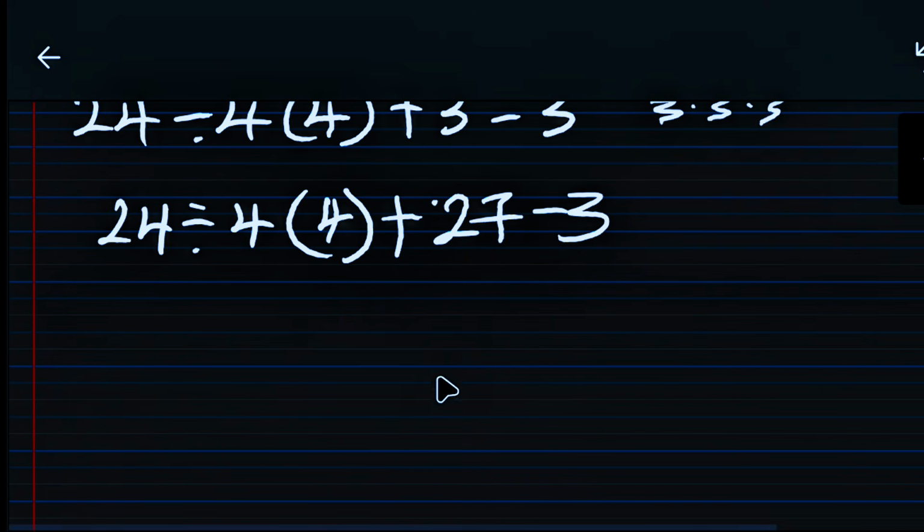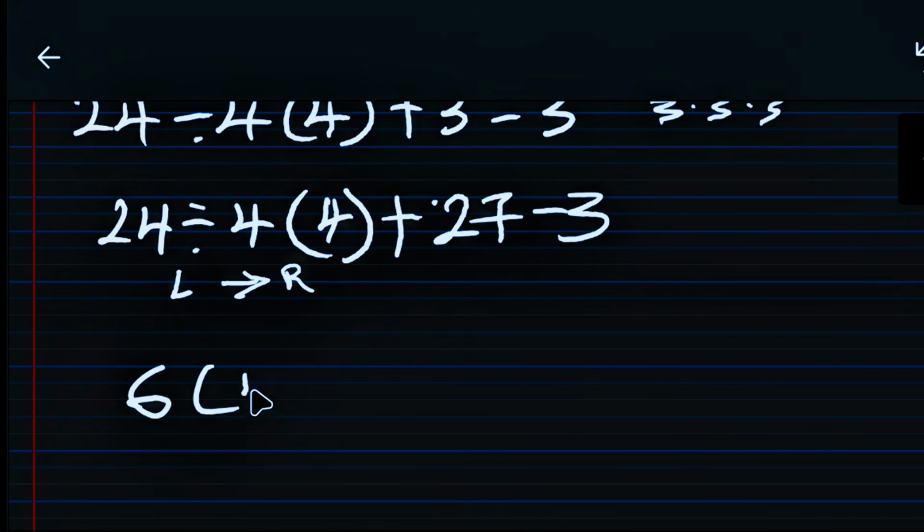Okay? So from here, now note that according to the order of operation, multiplication and division are of the same priority. So from this place, we are going to solve this from left to right. So we'll have, now from here, 24 divided by 4 will give us 6.